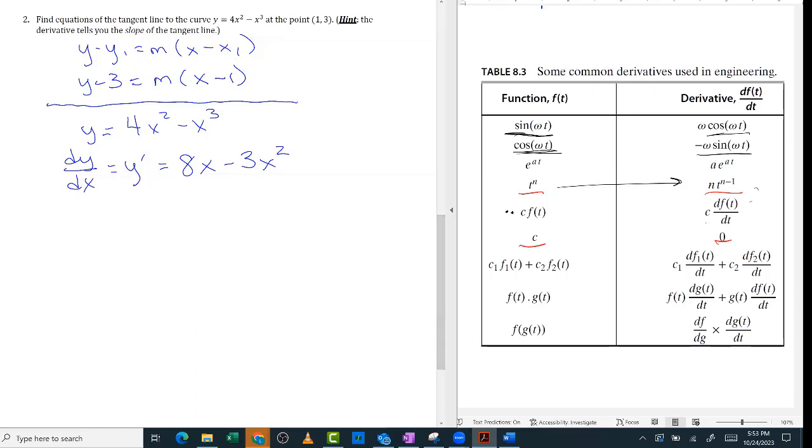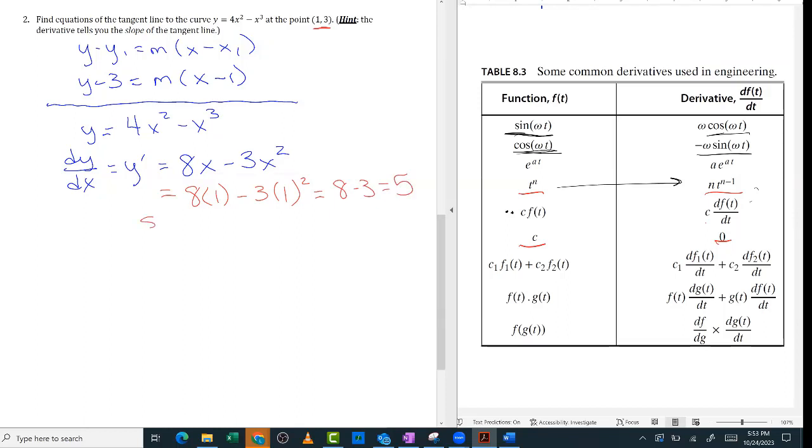Now what I'm going to do is plug in my point. My point is x equals 1, which means 8 times 1 minus 3 times 1 squared, which equals 8 minus 3, which equals 5. Now I know the slope.